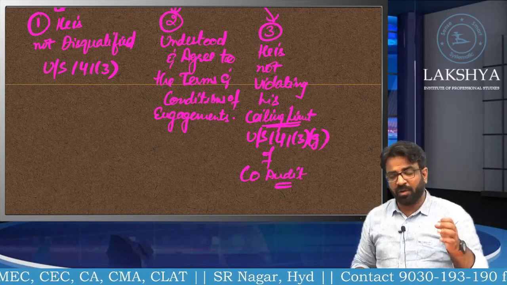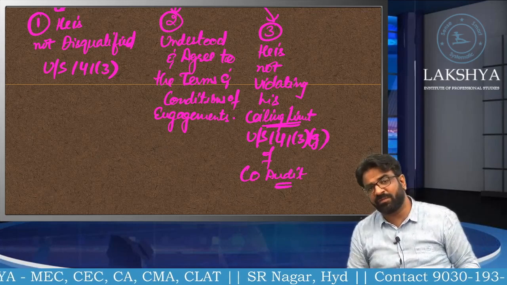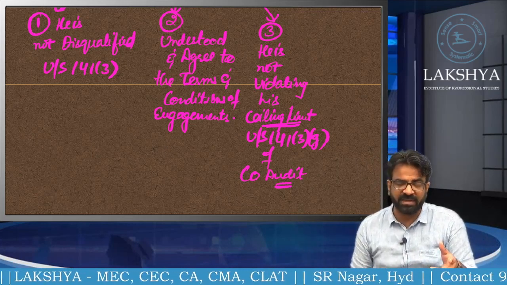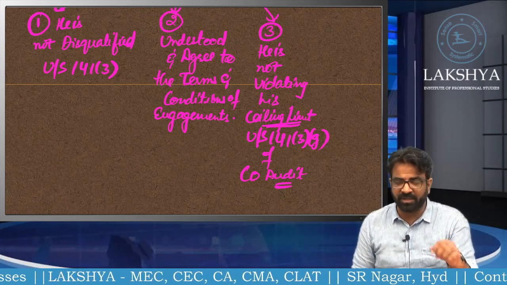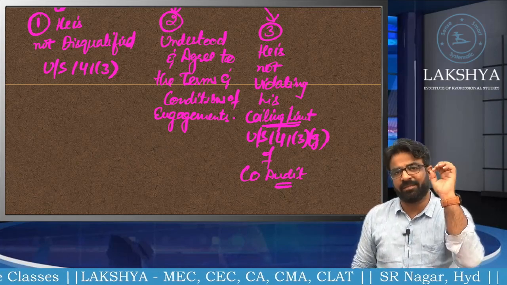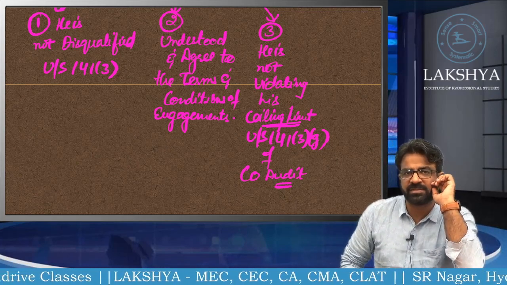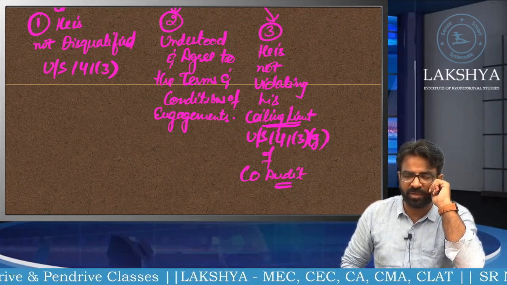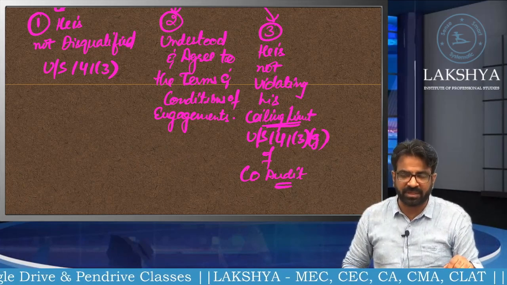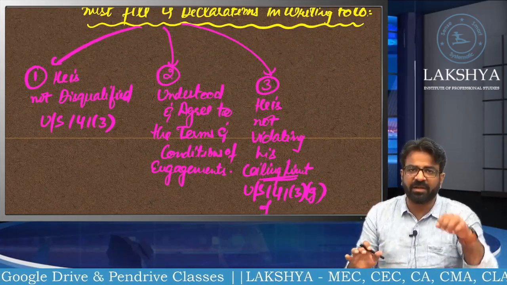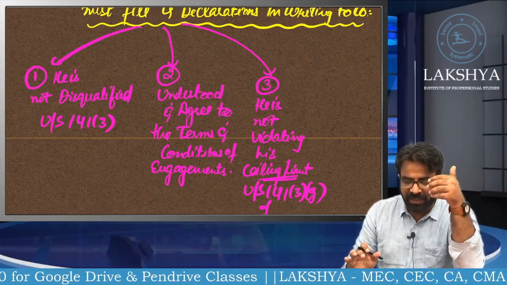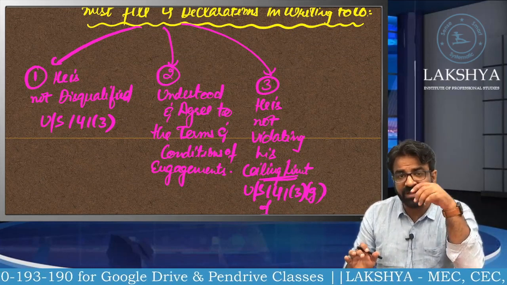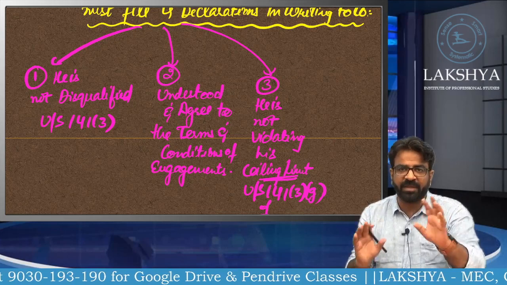Company audits. Now this we will understand when we do the disqualifications. What is the ceiling limit? As per the Companies Act, which we learned at intermediate and IPCC level, the ceiling limit of doing company audits is 20 company audits. So in this declaration, he is telling the company that after getting appointed as statutory auditor for your company, I am not breaching my ceiling limit. I am within my ceiling limit.